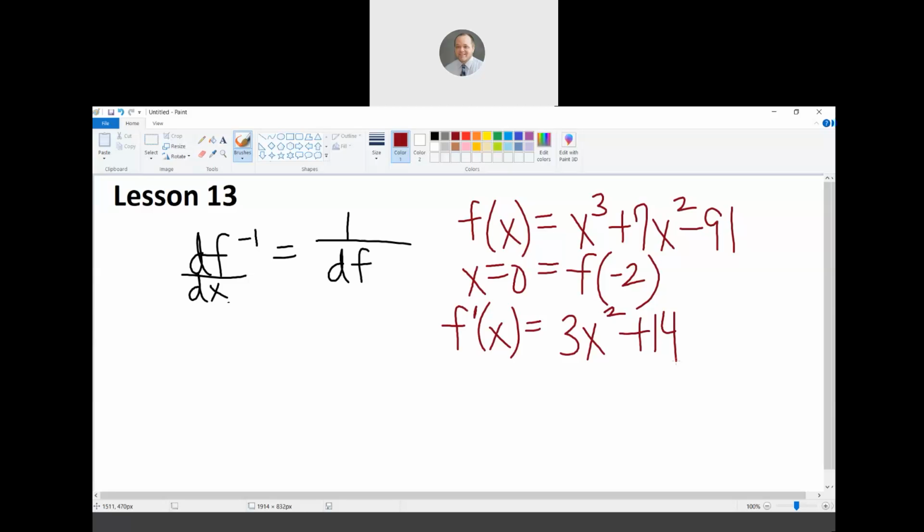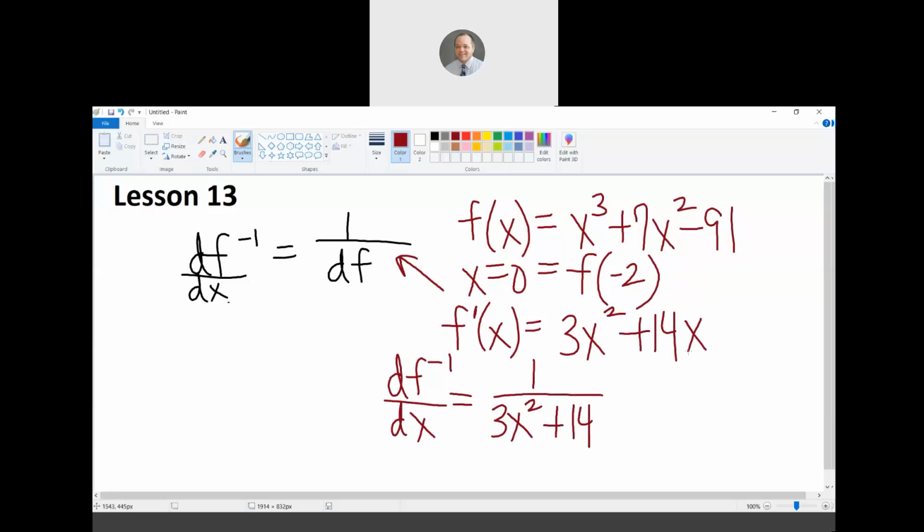Now, to make it an inverse, just follow the formula up here, and we'll make it 1 over our derivative. So that is the derivative of our inverse function, 1 over 3x squared plus 14x.